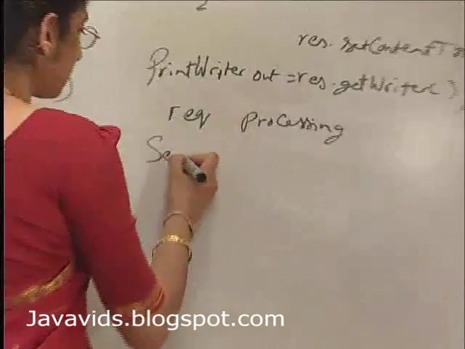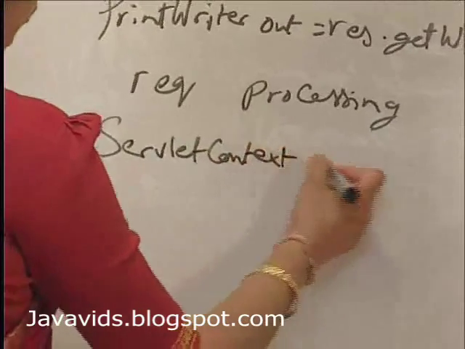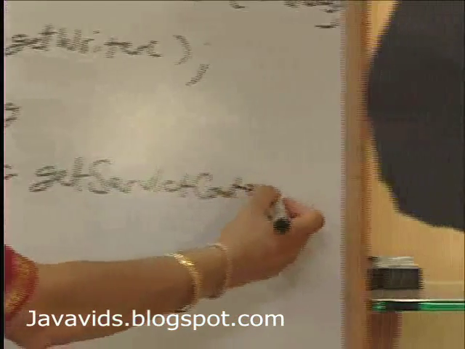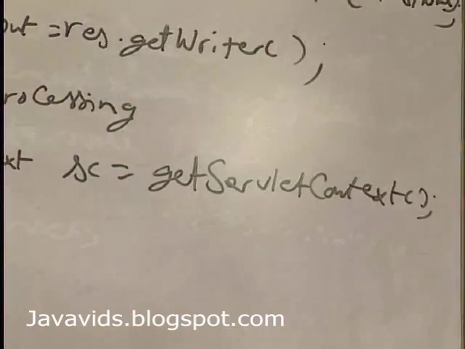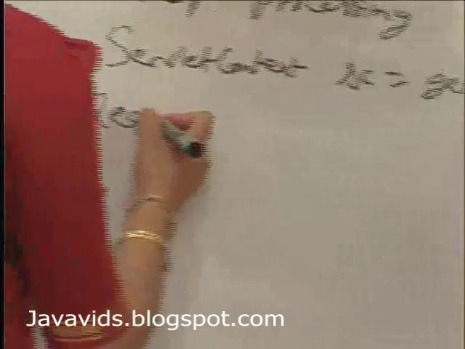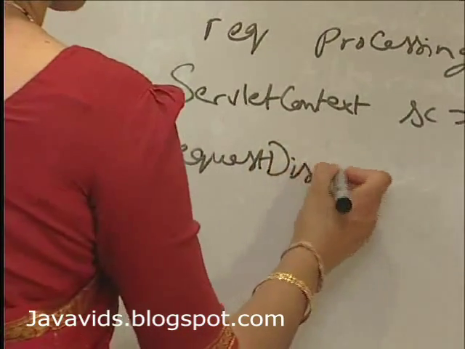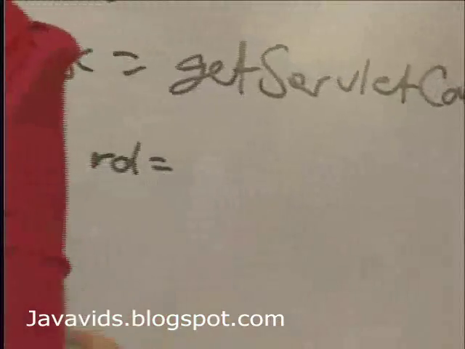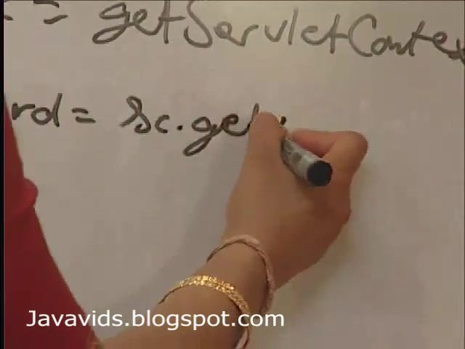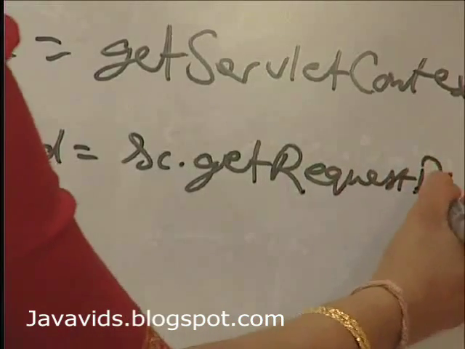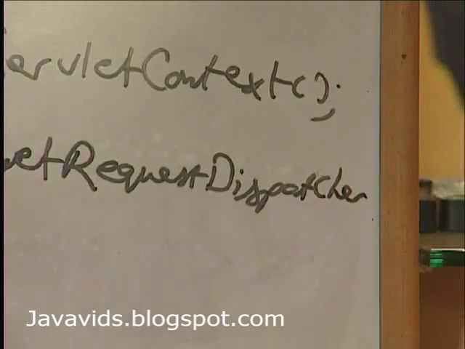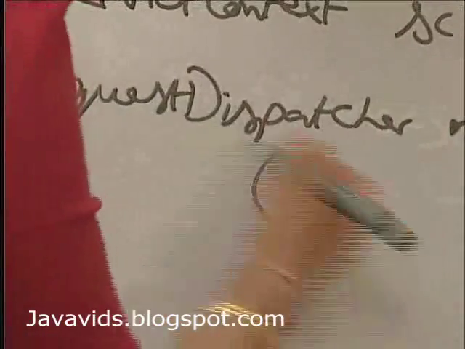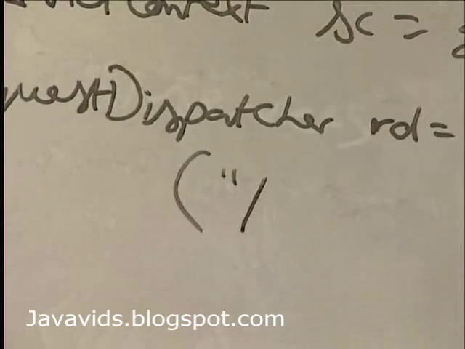So we do a ServletContext sc equal to getServletContext, and we get the request dispatcher from the servlet context. getRequestDispatcher takes the URI as a value, and for this URI you must always start with a slash.